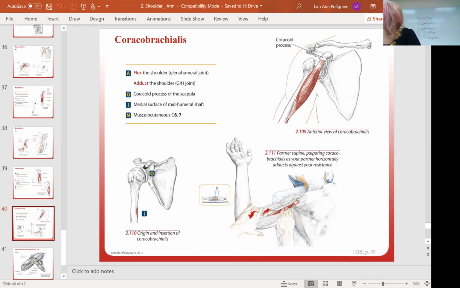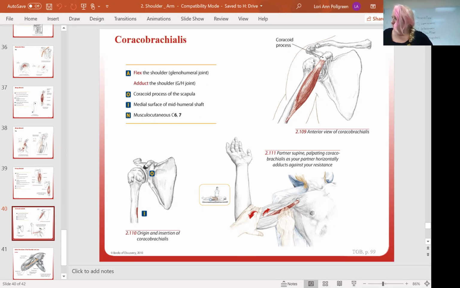Yep, we're going to talk about the brachialis when we get into the forearm instead of the upper arm, even though it originates up there just below the deltoid tuberosity. So we'll cover that on Thursday.